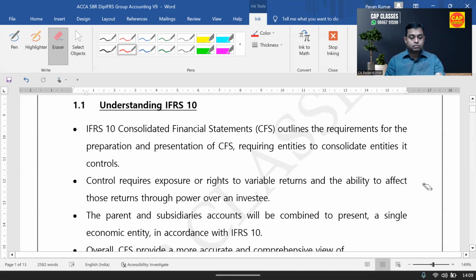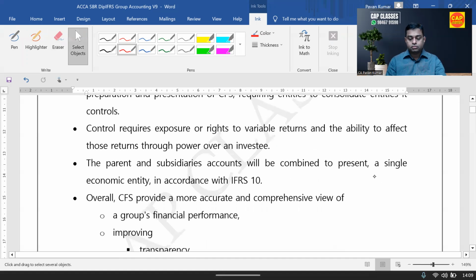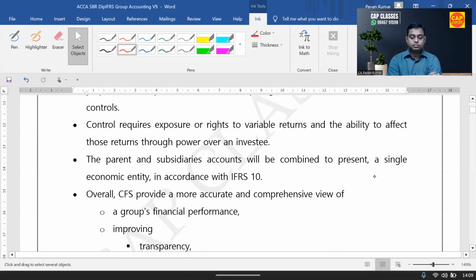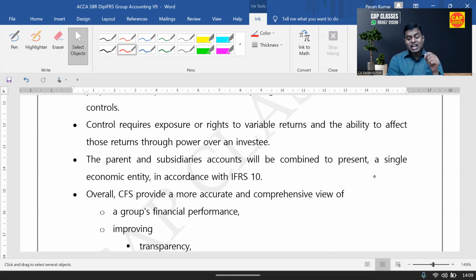Control requires exposure or rights to variable returns and the ability to affect those returns through power over an investee. Very important definition. We'll discuss in detail what this control is. Basically, there are three conditions. When can I say that the other company is my subsidiary?